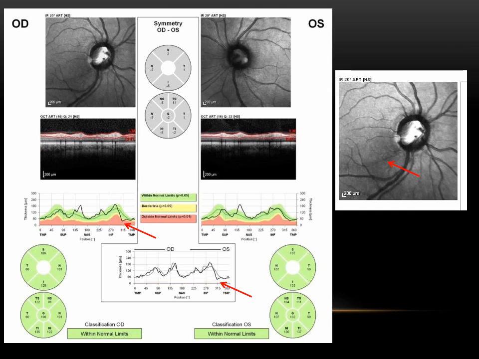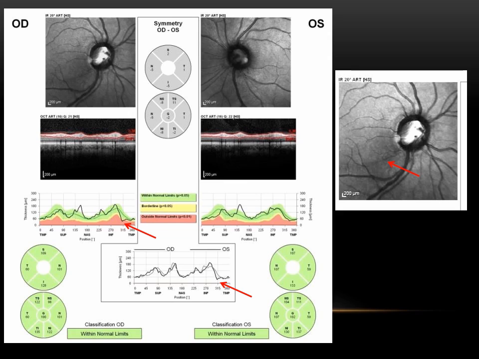Here is a case where in the right eye of this patient, there is a very localized nerve fiber layer defect, which is pointed out by the red arrow here. The OCT in the right eye shows a decrease of the measurement, but it gets averaged out in the quadrant thicknesses.